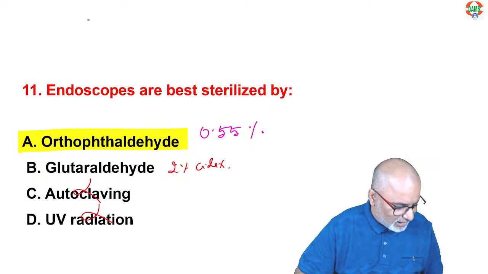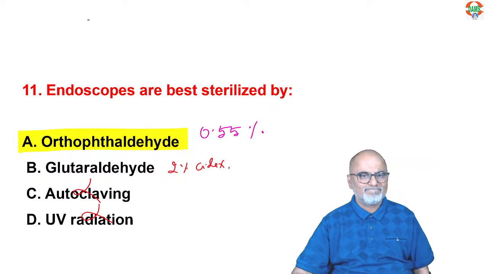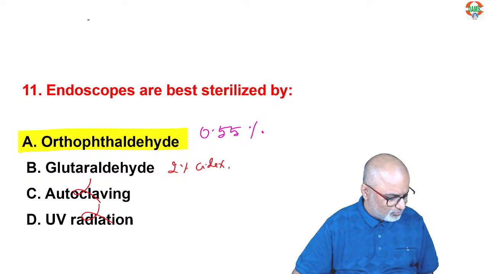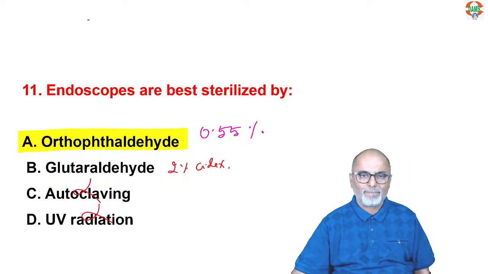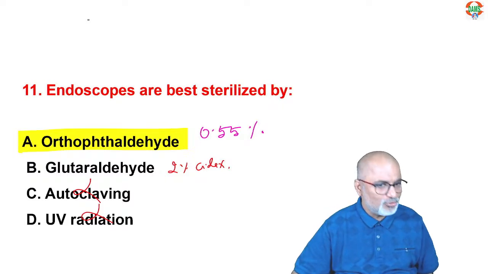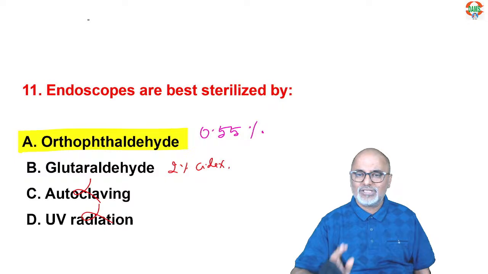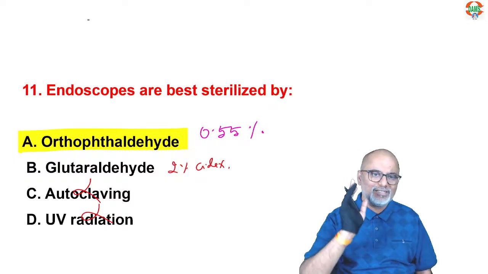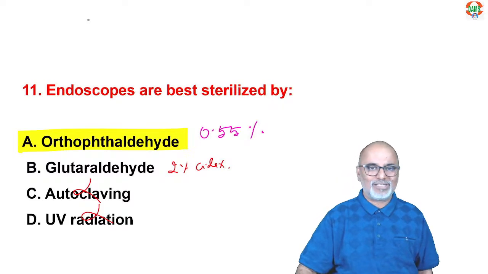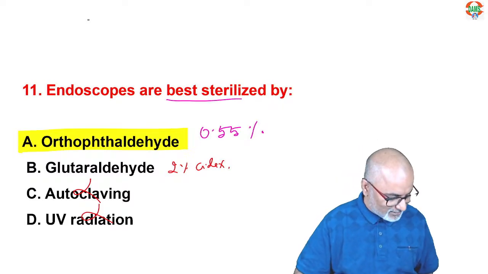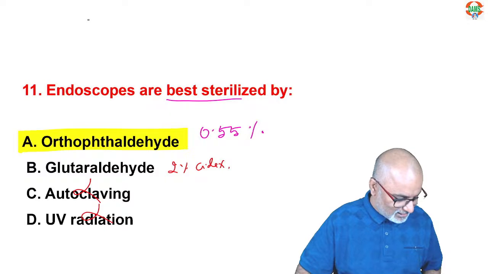Among the two, this one is good. If both are there, you need to go for orthophthaldehyde because that is the best one. Because the question is which is best sterilized by?